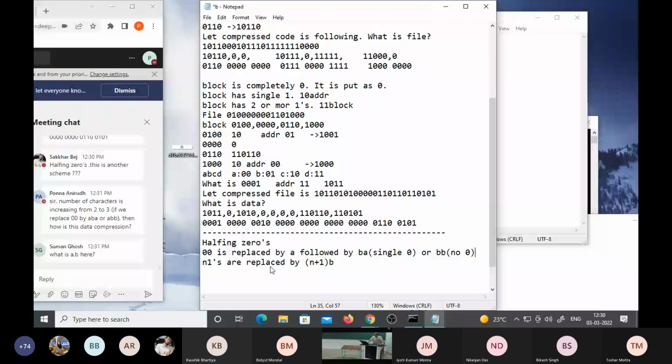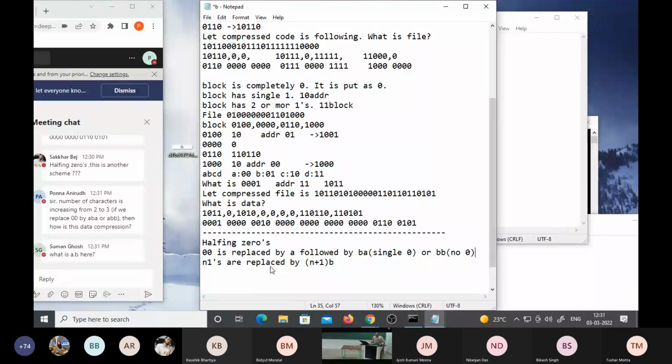We shall see to it. No, it will, because you see, what will happen in case of 8 zeros? Just wait. What are A and B? A and B are just letters.